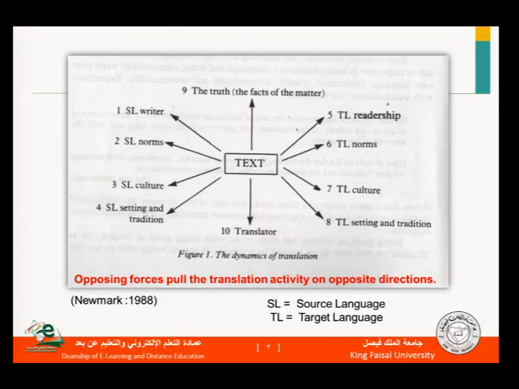So we have a text and there are many opposing forces that pull the translation activity in opposite directions. Text, nas. We have opposing forces, قوى متضاربة، قوى تشد النص من نواحي متعددة.